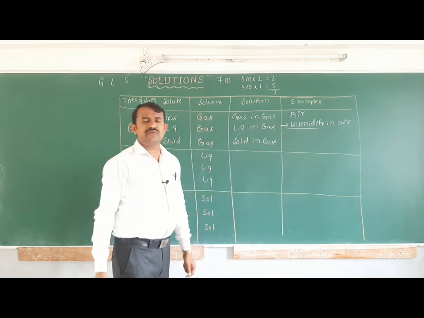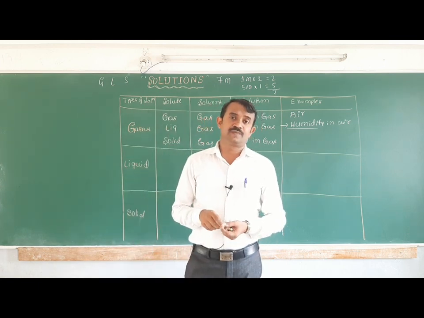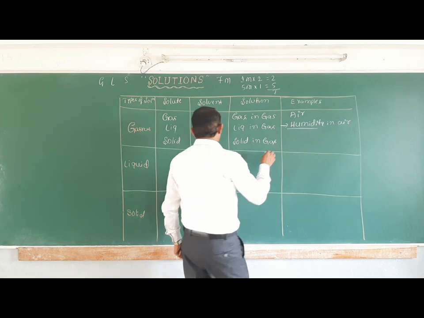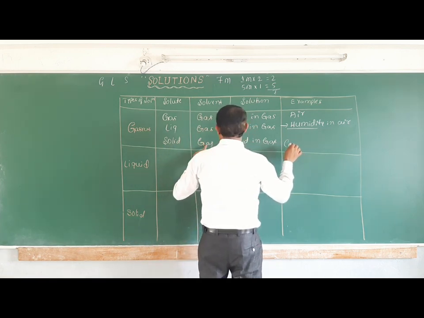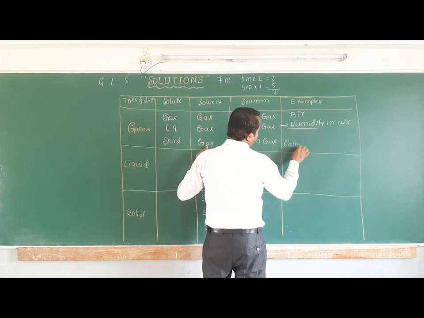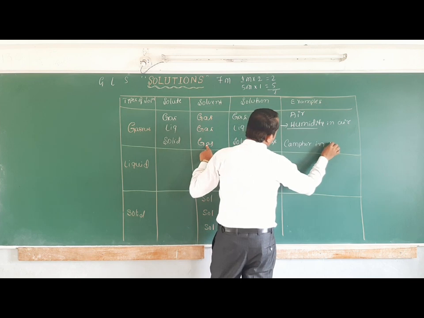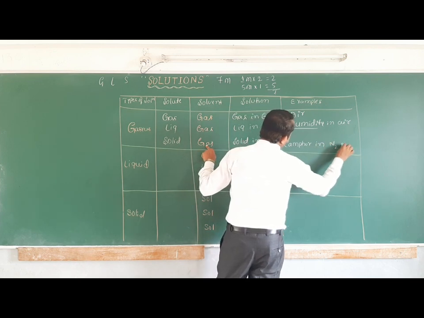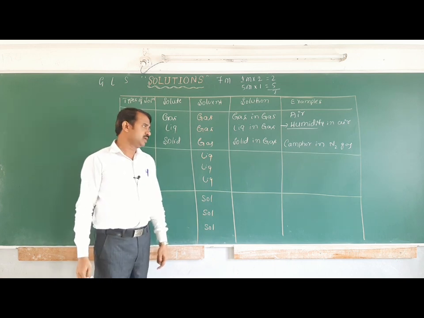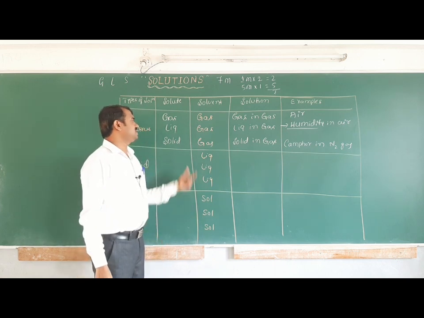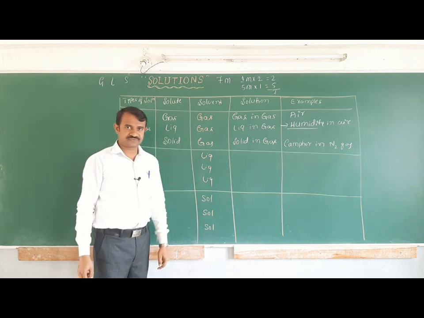Here we will observe nitrogen is there. The solid dissolved in gas means camphor is a solid, camphor is dissolved in nitrogen gas, or camphor in nitrogen gas. These are examples of gaseous solution.